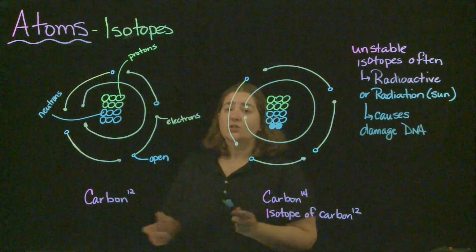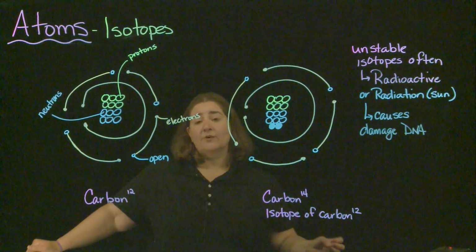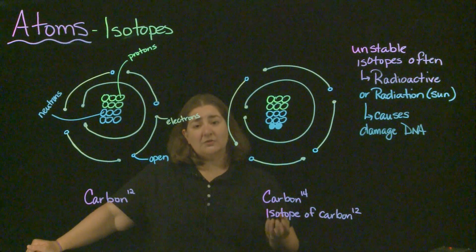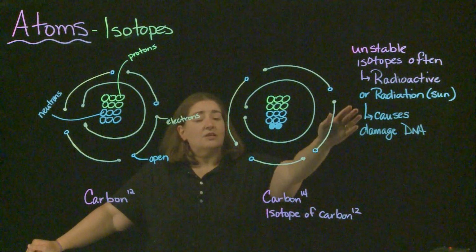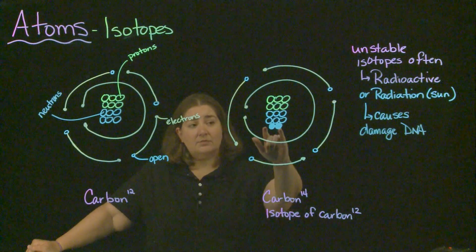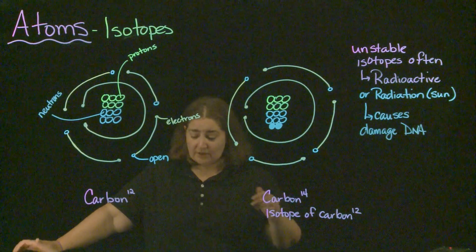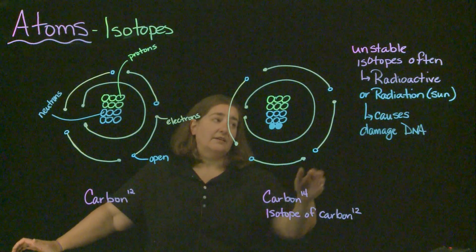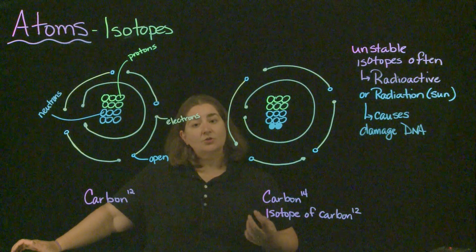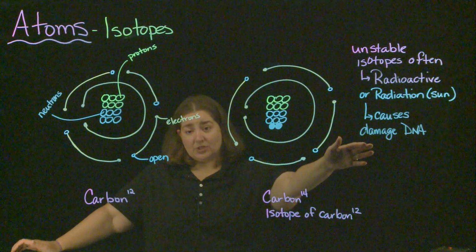Essentially it causes changes in the DNA structure, and we'll talk more about those changes a little later in the semester. Those changes are known as mutations. So radiation causes mutations from those unstable neutrons shooting out of the nucleus. Radiation and radioactivity can be damaging to the living cell because of its potential for damaging DNA.